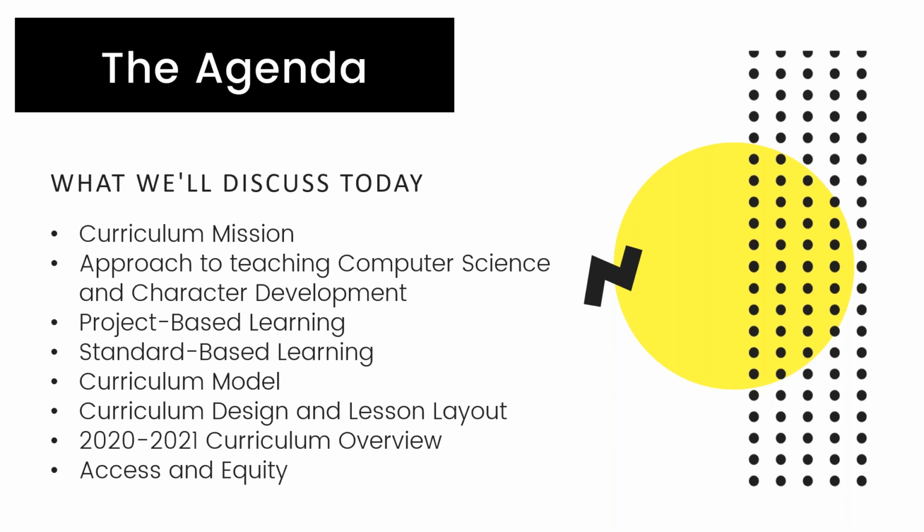I'm going to show you our curriculum model, and I'm going to also have visuals on our curriculum design and lesson layout. And then I'm going to do a walkthrough of our curriculum overview for next year, so you can really see firsthand what our comprehensive curriculum actually looks like. And then we're going to talk about equity and how we have an equal playing field.